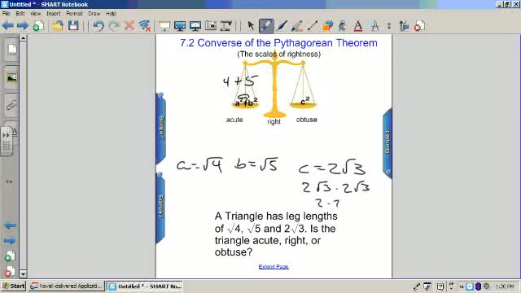I can write that as 2 times the square root of 3 times the square root of 3, which is 4 times the square root of 9, which is, of course, 3, because if I take a square root of a number and I multiply it by itself, I get the number. 4 times 3 is 12. 12 goes on the right-hand side. 12 is bigger than 9. It's going to fall to the right. A root 4, root 5, and 2 root 3 triangle must be an obtuse triangle.